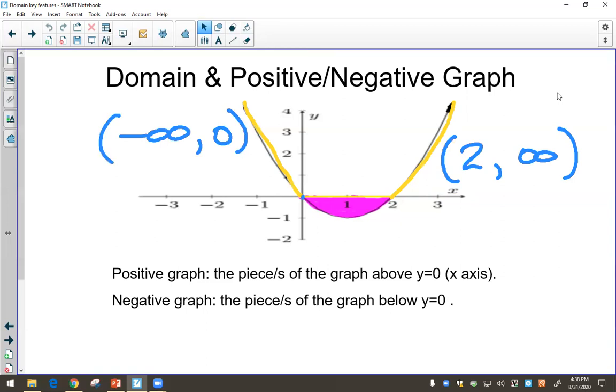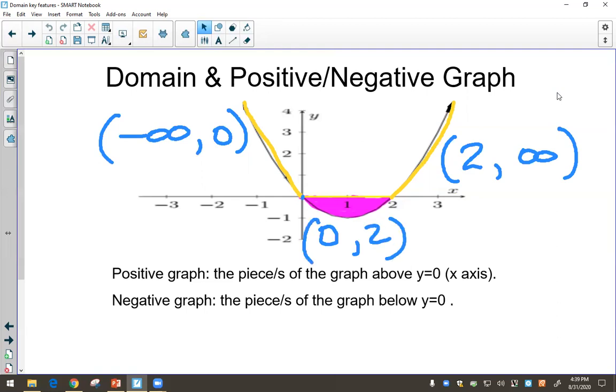Now we want to look at negative. The graph is below y equals 0, and remember, y equals 0 is the same as your x-axis. Which color is that? Pink, yeah, I'm going to call it pink. So for pink, it would be below, from 0 to 2.